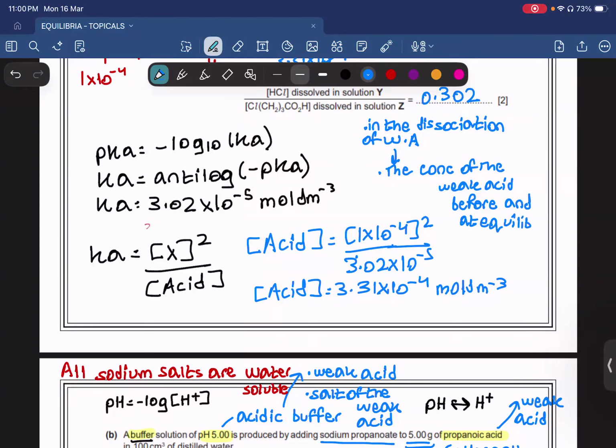Before equilibrium was established, you had 100 molecules. After equilibrium was established, you have 96 molecules. It's more or less the same thing. It's a negligible change in concentration. You don't take into account the change in concentration. So the concentration before and at equilibrium remains the same.